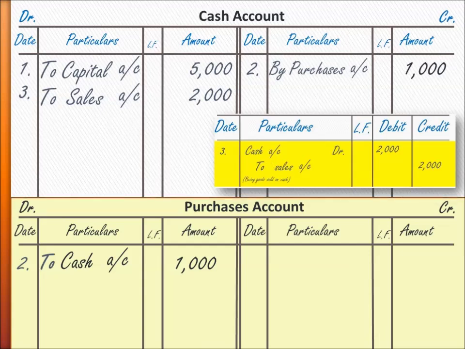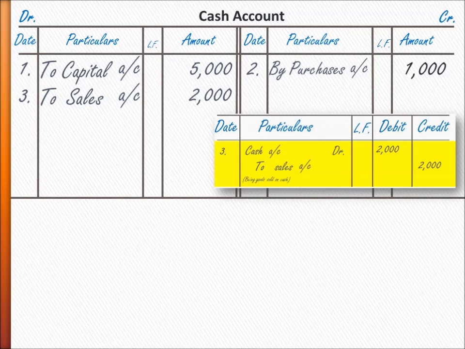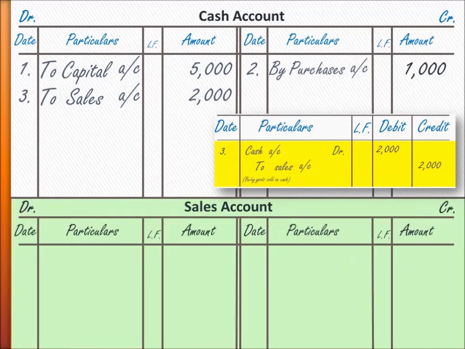Now 'to sales account' means credit sales account by rupees 2,000. Now open the sales account and on the credit side write down 2,000 because the journal entry is saying credit sales account. So we have written 2,000 on the credit side of sales account in the ledger.